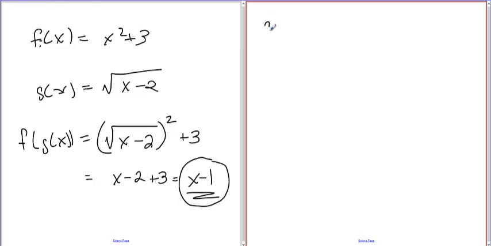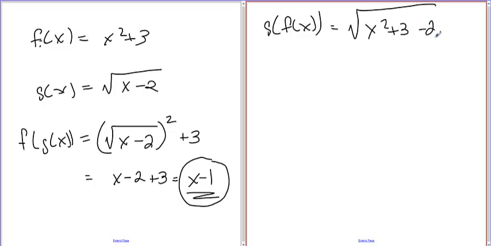So this is g of f of x. There you plug this into there. Now in this case, you can go ahead and simplify without affecting the domain. So if you simplify this down, what we've done is plugged in for x, put x squared plus 3, and then 3 minus 2 is positive 1. So that's g of f of x.